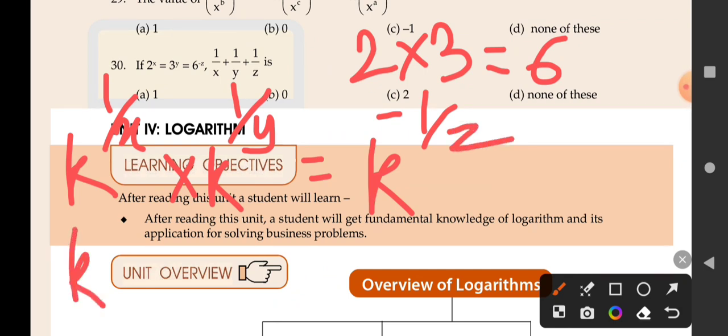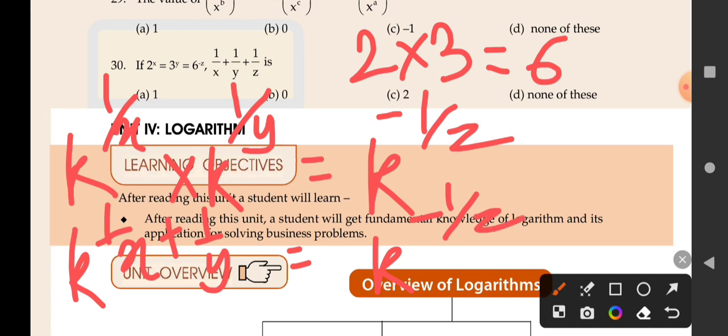So k raised to 1 by x plus 1 by y equals k raised to minus 1 by z. Since the base is the same, the power is also the same.